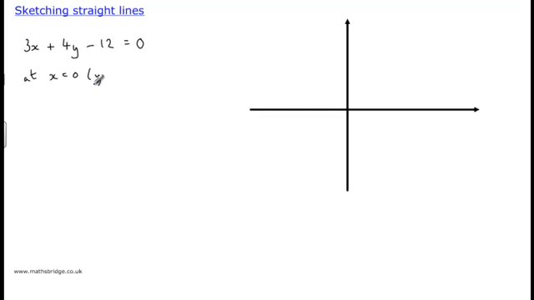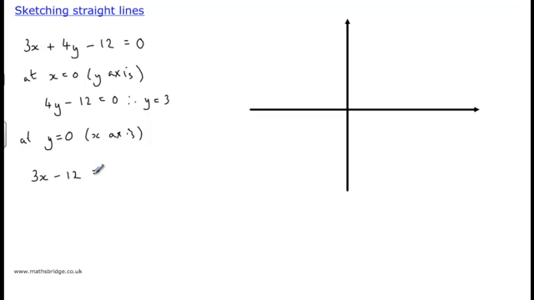So when x equals 0, that is on the y-axis, the equation becomes 4y minus 12 equals 0, and therefore y equals 3. On the x-axis, when y is equal to 0, the equation becomes 3x minus 12 equals 0, and therefore x equals 4.